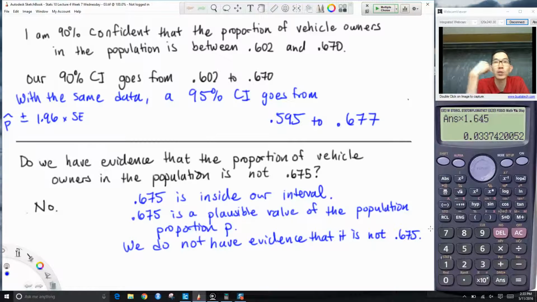Well, what changed between the previous slide and this slide? The level of confidence.